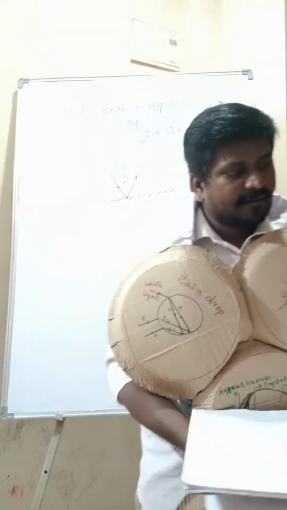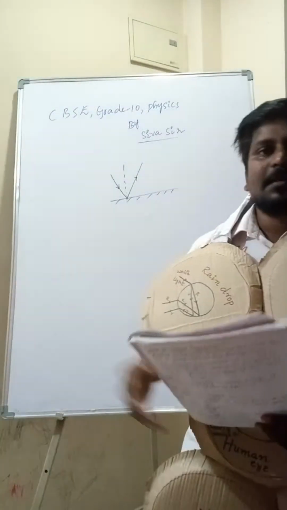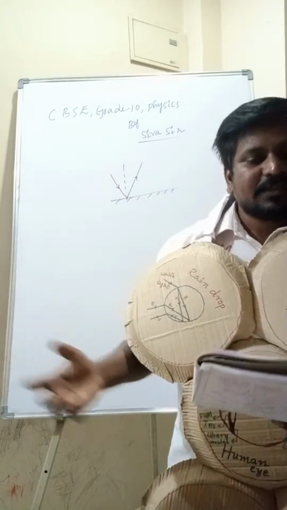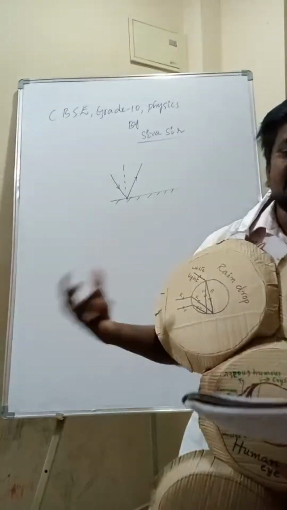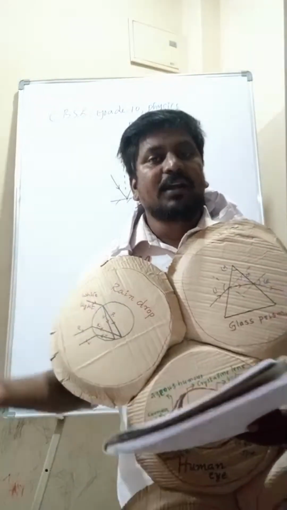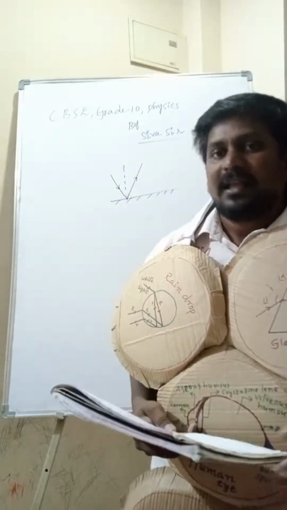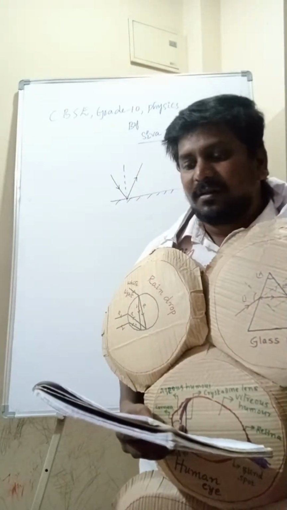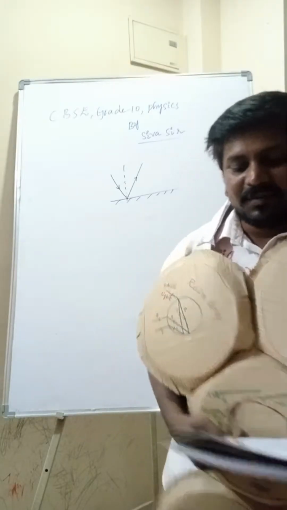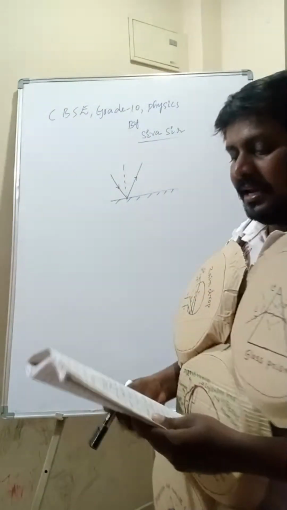Now you can see object. What is an object? Object is the point of intersection of incident rays. Anything which gives light is called an object. Image is the point of intersection of reflected light rays. If the reflected light rays directly meet at a point, that is a real image.